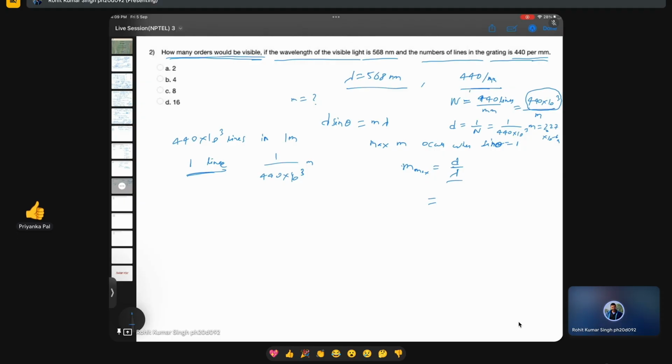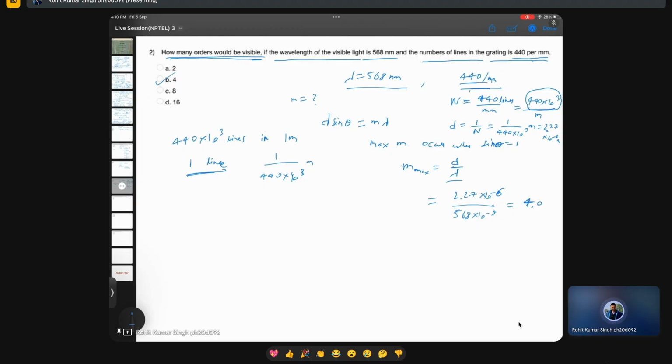So we'll put this value here, and lambda is given as 568 nanometer, so 10 to the minus 9. So this is 10 to the power 6, so it will be around 4 times, I guess. You can check. So only 4 orders will be visible. If you have 440 lines, only 4 orders will be visible.